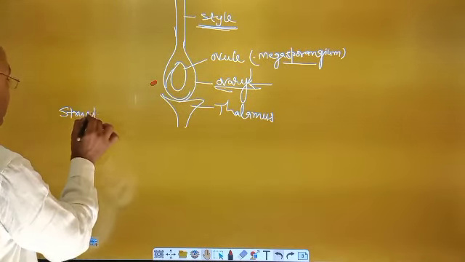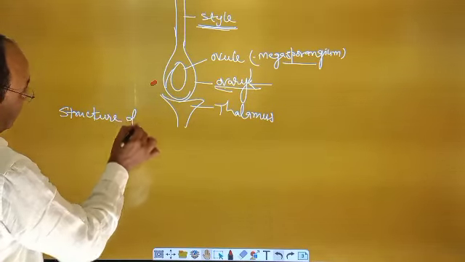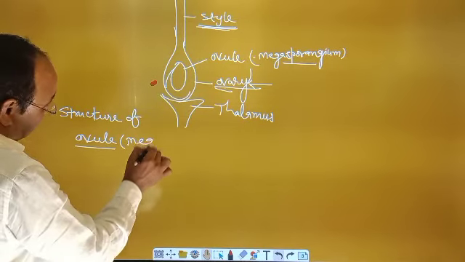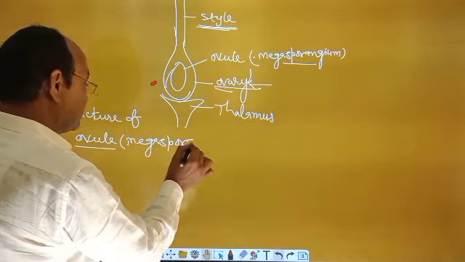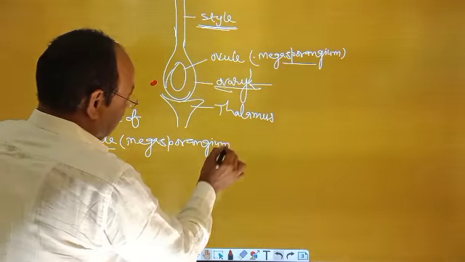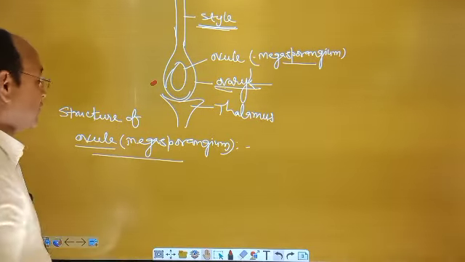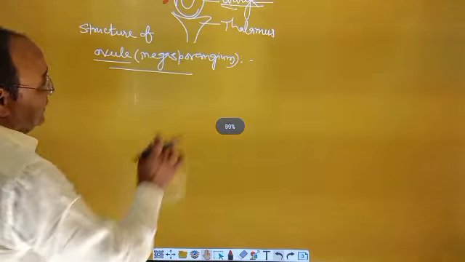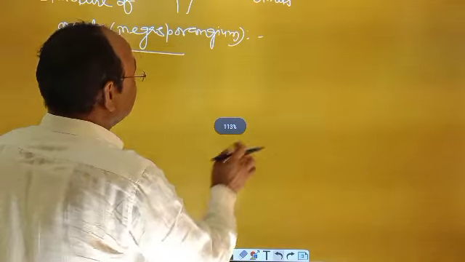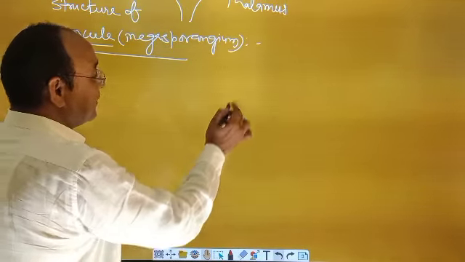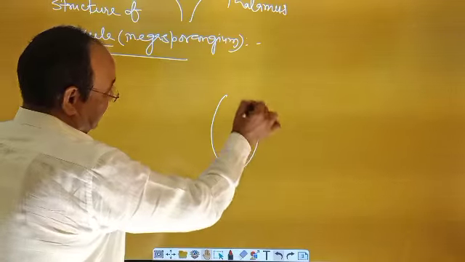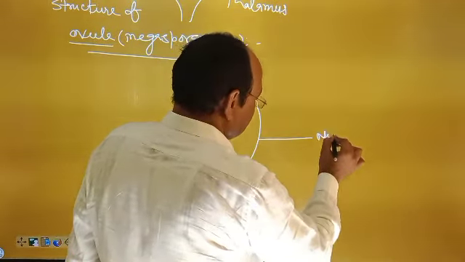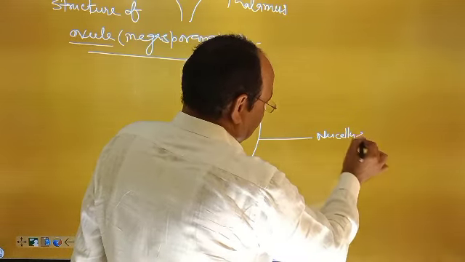Now next point, structure of ovule, it means megasporangium. Especially in megasporangium, the central part is made up of parenchymatous cells, and this part is known as nucellus.